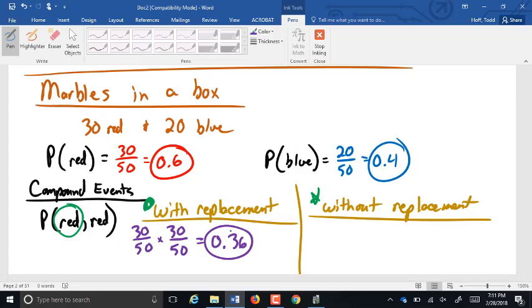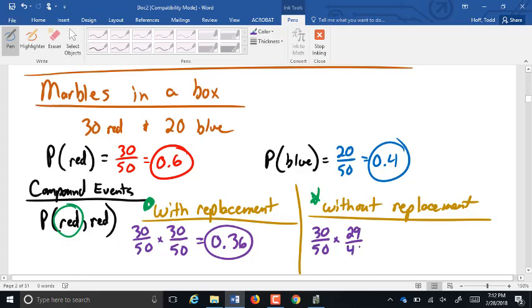Without replacement, well, the probability of the first one being red is still 30 out of 50. But if I don't put that back, if I throw it away, for the second probability, now there's how many red ones? 29 out of 49.